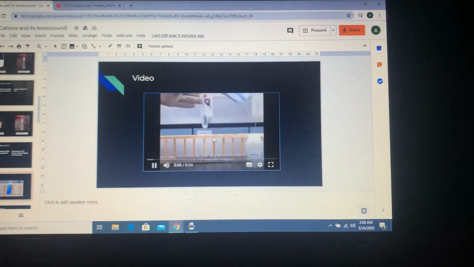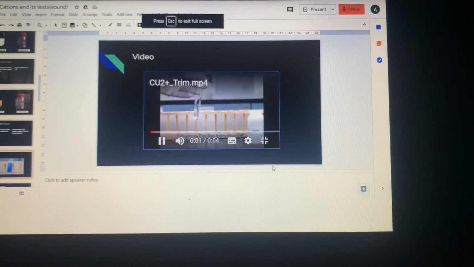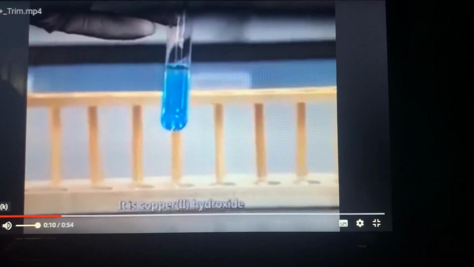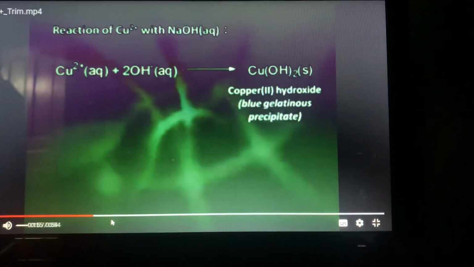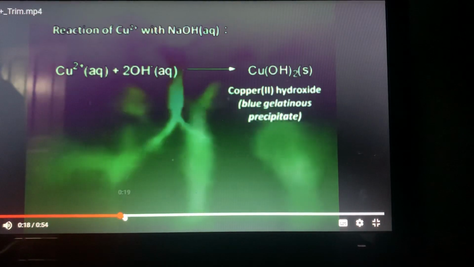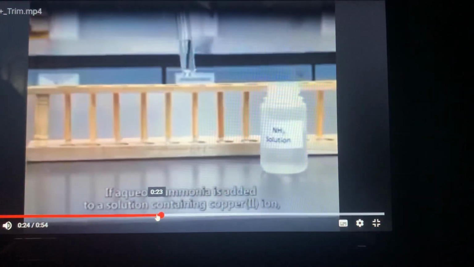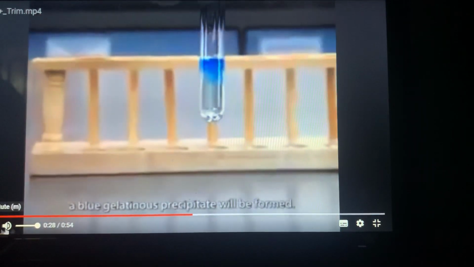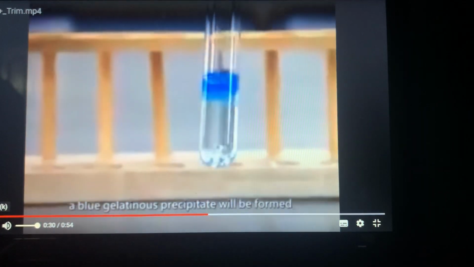If sodium hydroxide solution is added to a solution containing copper 2 ion, a blue gelatinous precipitate will be formed. This is the blue PPT formed. It is copper 2 hydroxide. Aqueous ammonia solution is added to a solution containing copper 2 ion. A blue gelatinous precipitate will be formed.